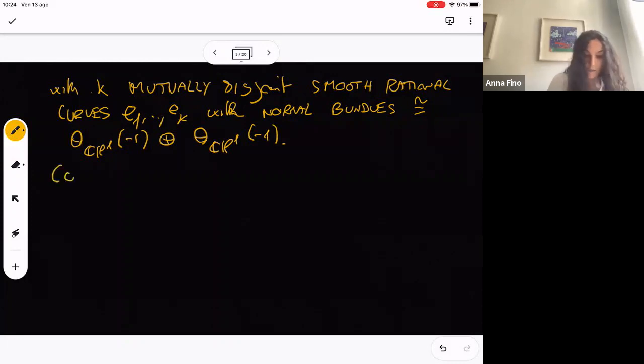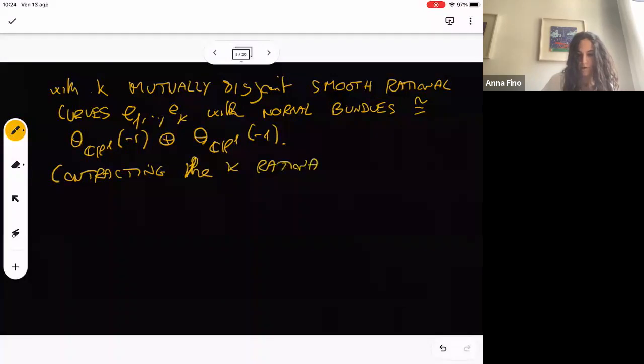So contracting the k rational curves, we get, of course, something singular, right? Corresponding to all these curves that you contract to a point, you get a singular point, a double point.